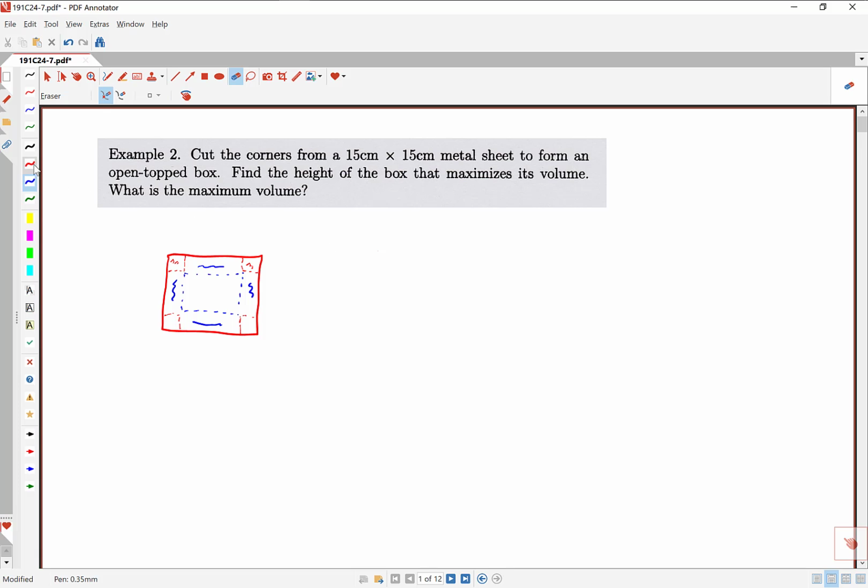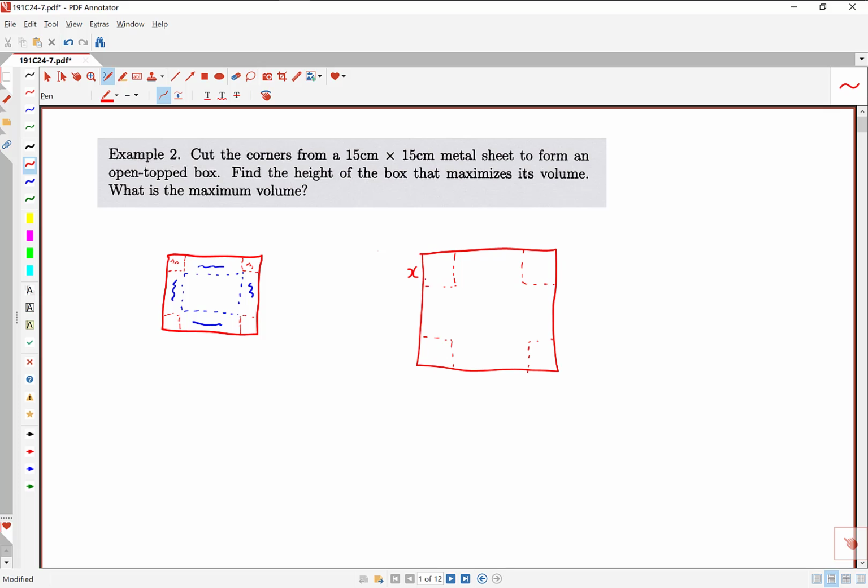All right, so let's say step 0 here is to introduce some variables. So I'm going to draw a bigger version of this box. One variable that we need for sure is this x value representing the side length of the square that's being cut out.